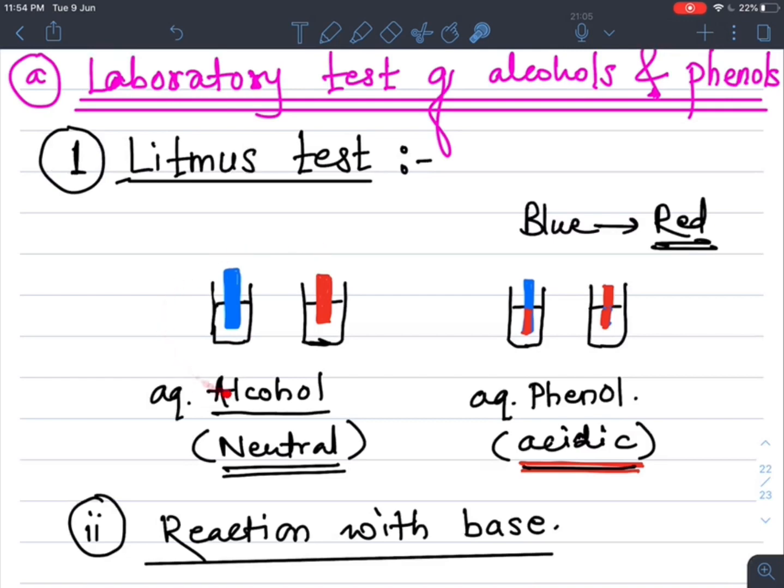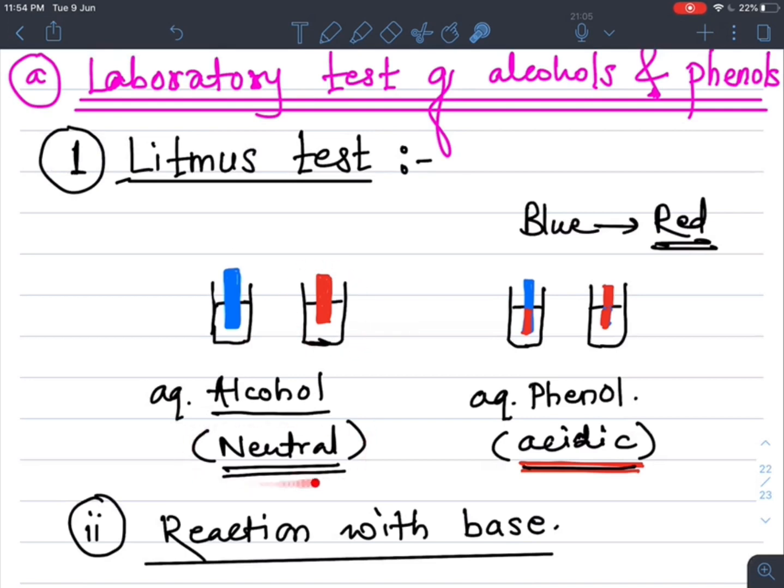So in the laboratory we can identify alcohols and phenols with litmus paper, that is, by taking the litmus test. Alcohols are neutral in nature, neither acidic nor basic. Blue remains blue and red remains red.